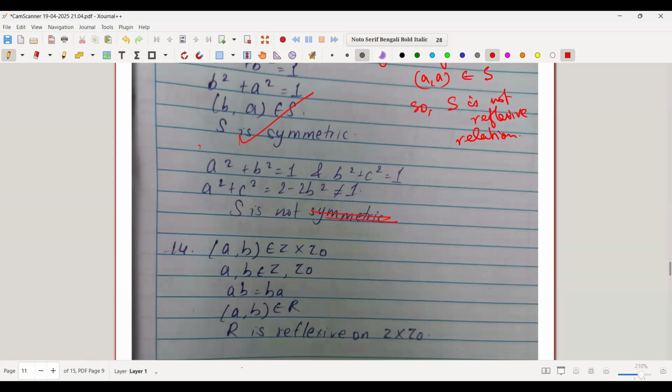Here you have to give an example. Let us take 1 by root 3 and root 2 by root 3. All are real numbers, they are irrational but real numbers.